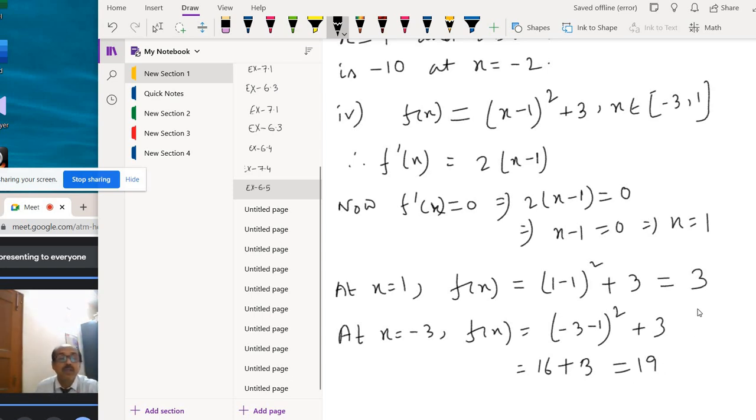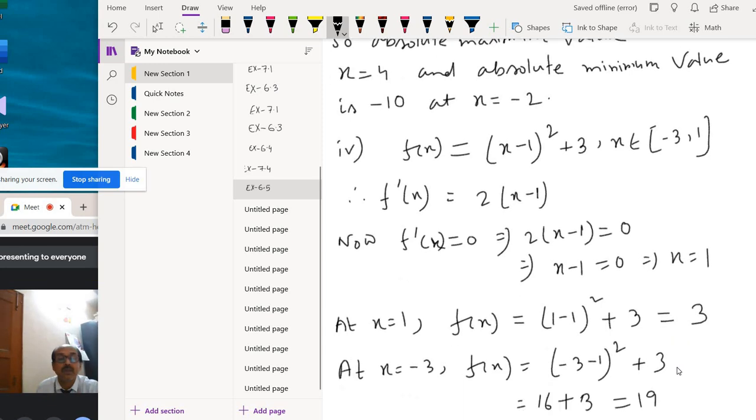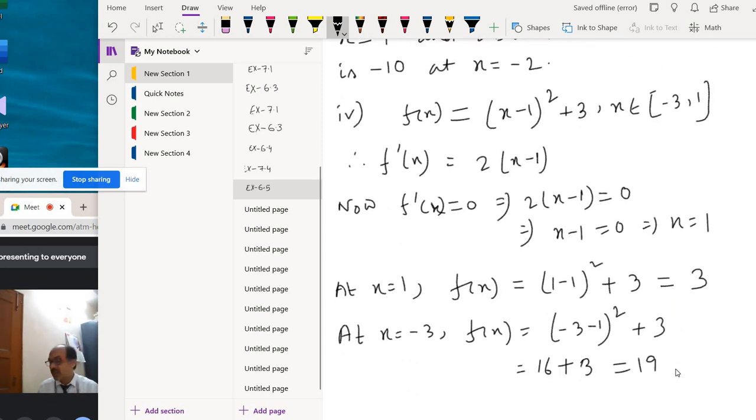See, the question is (x minus 1) whole square plus 3. Its derivative is 2 into (x minus 1) and 3 constant is 0.